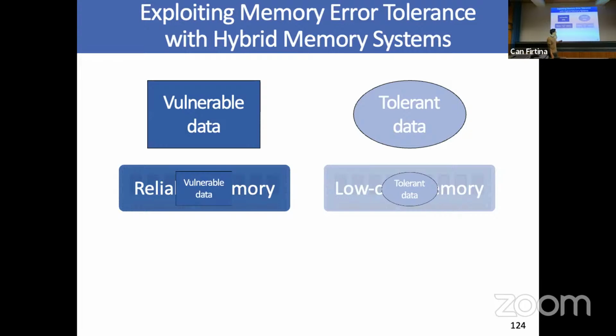So you could eventually imagine, we talked a few slides ago about IEDM, right? About this memory that you trick somehow in order to make it faster and more energy efficient, but that will cause some errors. Well, that's probably for your tolerant data. It can probably be stored using that memory, while other data that is more vulnerable, that you really want to keep its integrity, you will put in a more reliable memory.